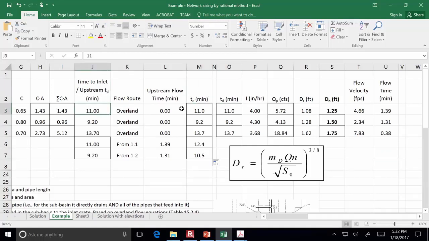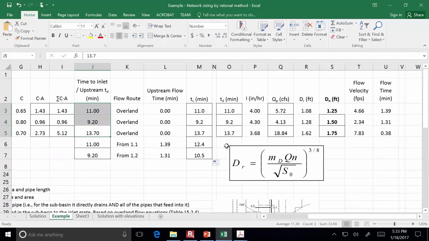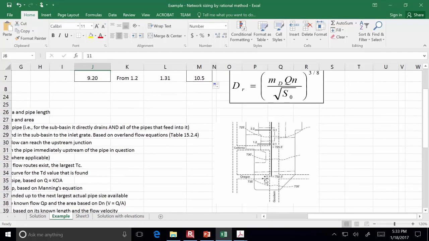All right. It's because so far we don't have any travel times accounted for yet. It's just overland flow. But now you notice that these T sub C's aren't the same, because this 11 minutes is just the time it takes to flow over the land to get into inlet 1.1.